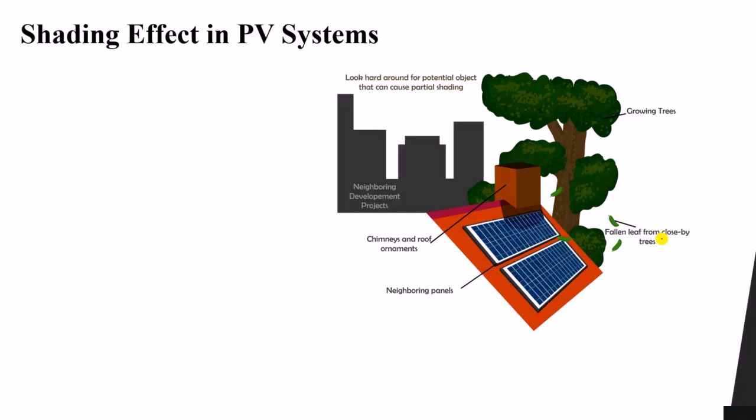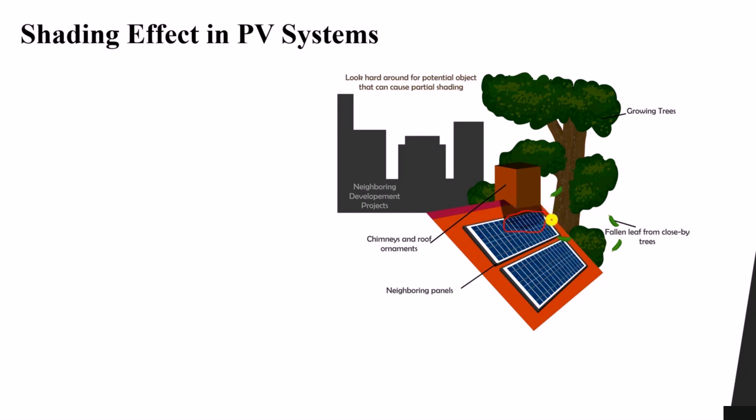So what is the shading effect in PV systems? If you look at this image, you will find that we have our panels. However, due to the presence of a chimney or a building or a tree, a shadow appears on the solar panels.